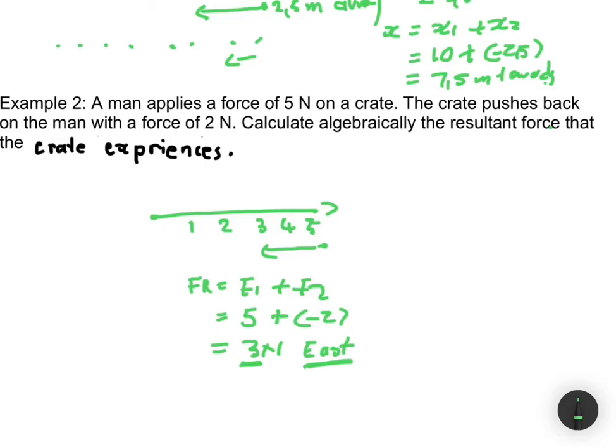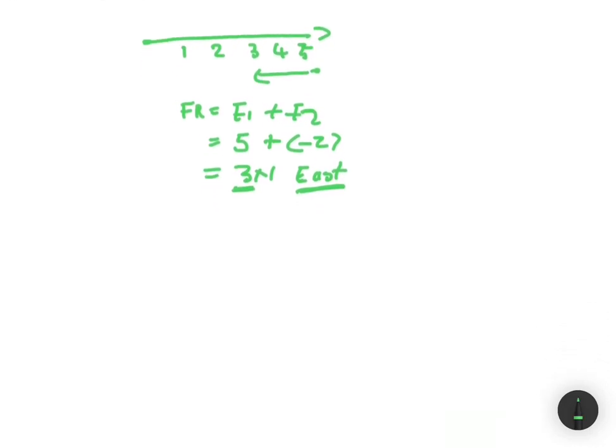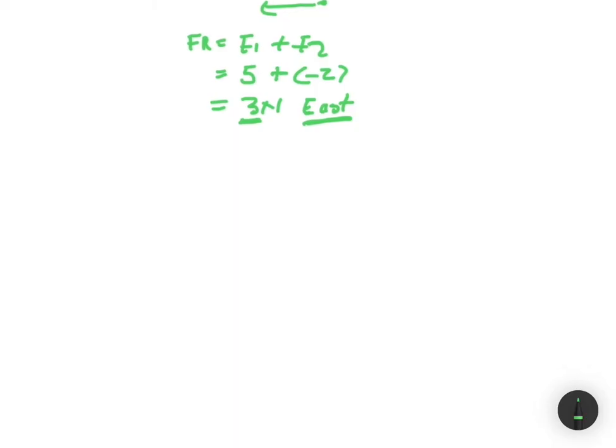Let's just do one more problem before we move forward. I just want to demonstrate something, right? So let's say we have a vector of 4 newtons, and then we have another force of 5 newtons, right?